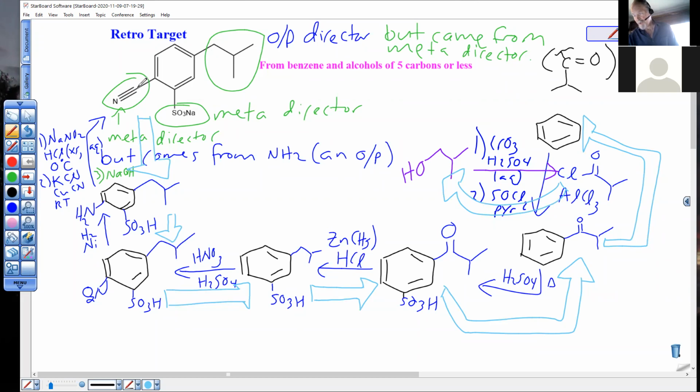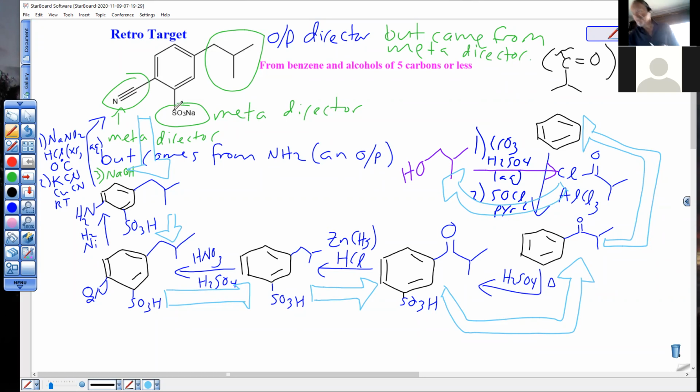Para major. I want to put the carbonyl on here. This same protocol to get the carbonyl on here. Then I'll have an ortho para director and a carbonyl meta director. Hey, win-win. Your next group has no choice. There's no major or minor about it. It's going to go ortho to this and meta to the carbonyl.